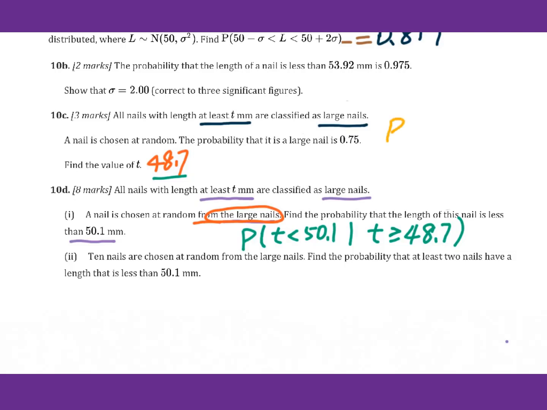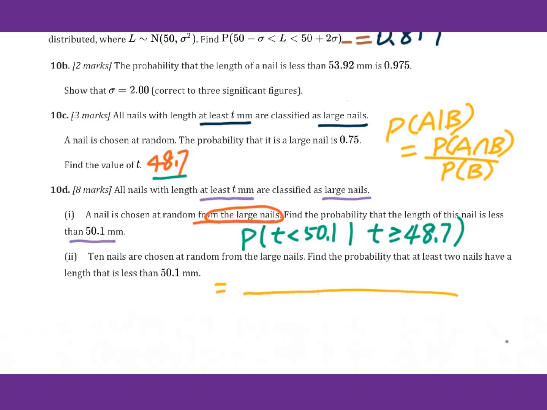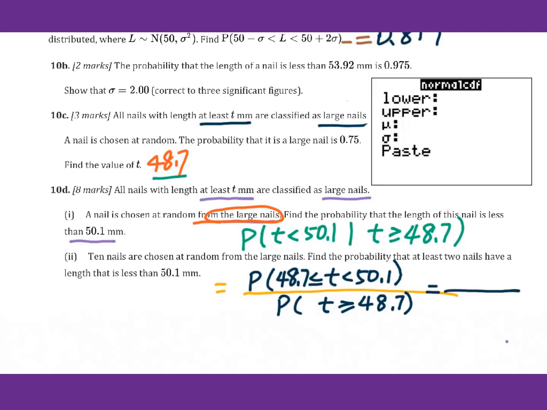Therefore, using this formula, A given B equals the probability of A intersect B over the probability of B. You will get the probability that t is greater than or equal to 48.7 and less than 50.1, over the probability that t is greater than or equal to 48.7. So we go to normal CDF.